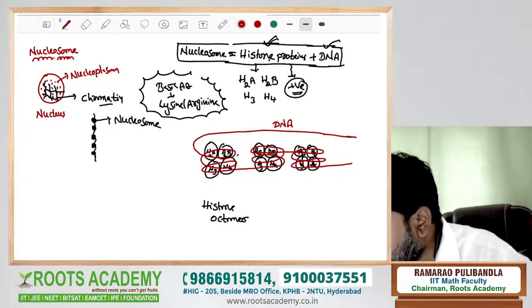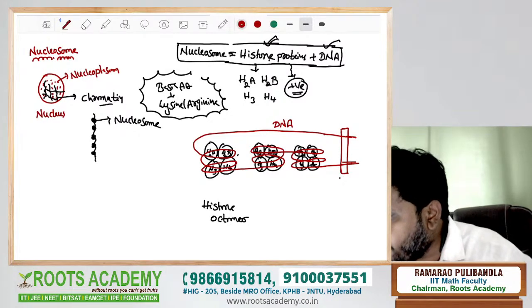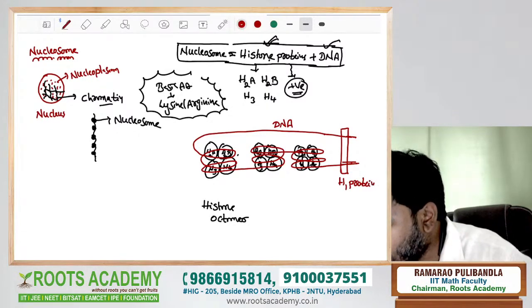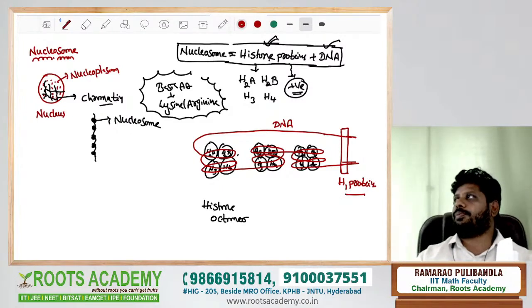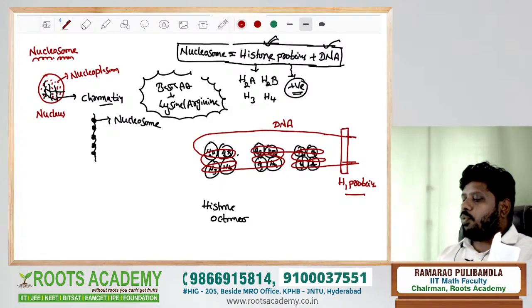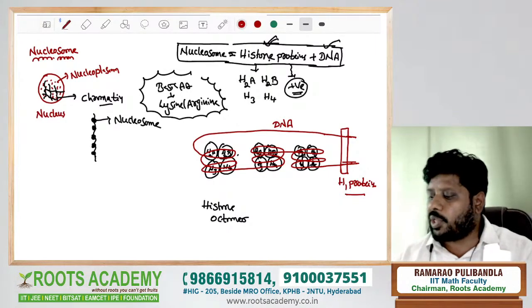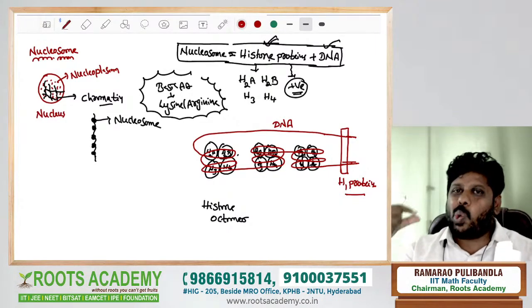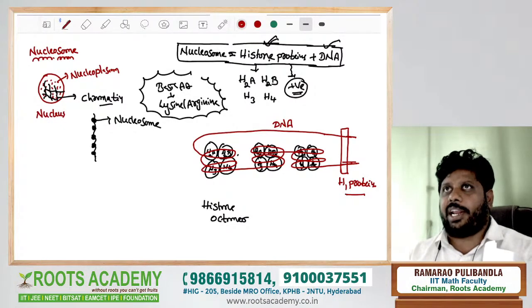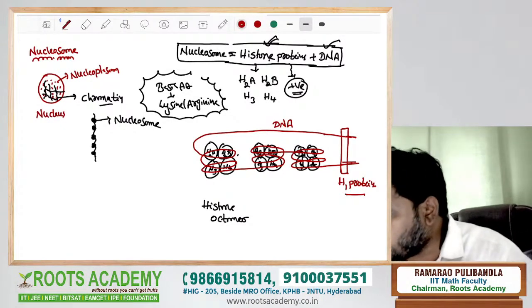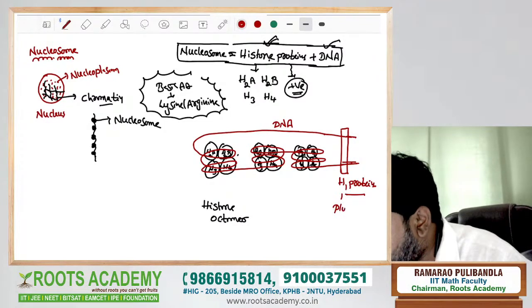Finally, the 2 ends of DNA are tied by one more histone protein, that is H1. What does H1 histone protein do? It ties the 2 ends of DNA. That is why we also call H1 protein the plugging protein.